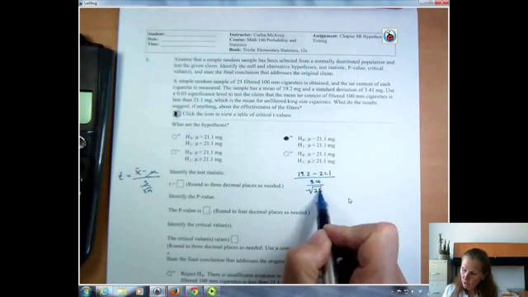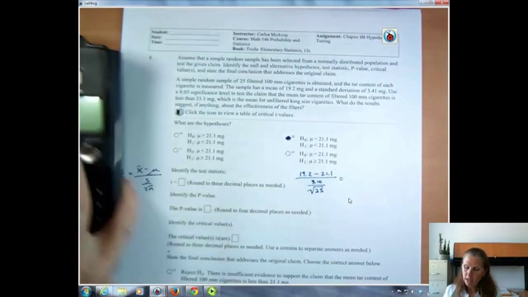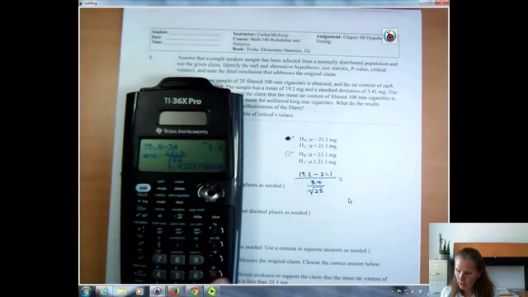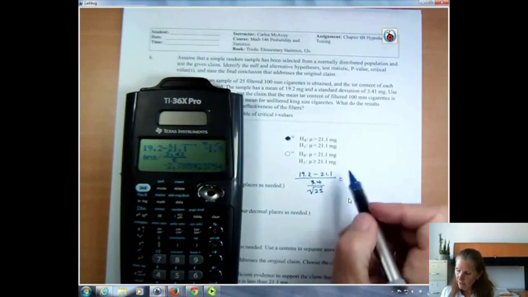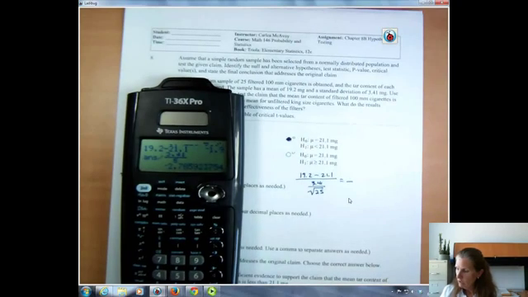So we have 25 there. And then I can just go at it here. So 19.2 minus 21.1 divided by this fraction that is 3.41 over square root of 25. Can we just say 5 there? I think we all get that. And that gives me negative 2.